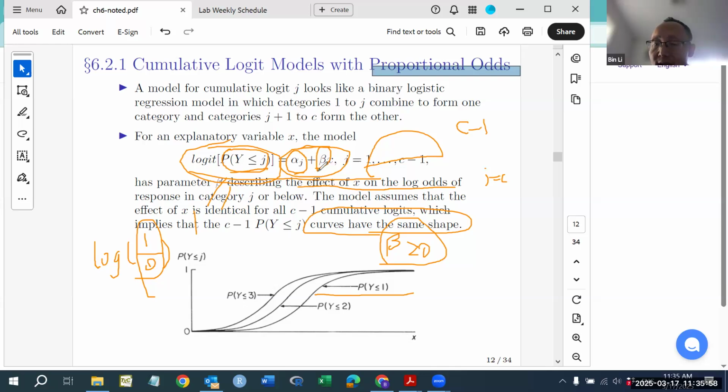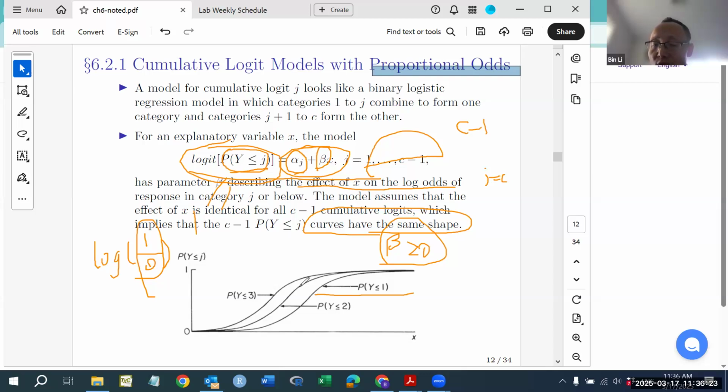The only difference is alpha. The intercept is different. In other words, if we shift the curve for the probability of Y less than or equal to 1 to the left, it will perfectly match the probability of Y no greater than 2.